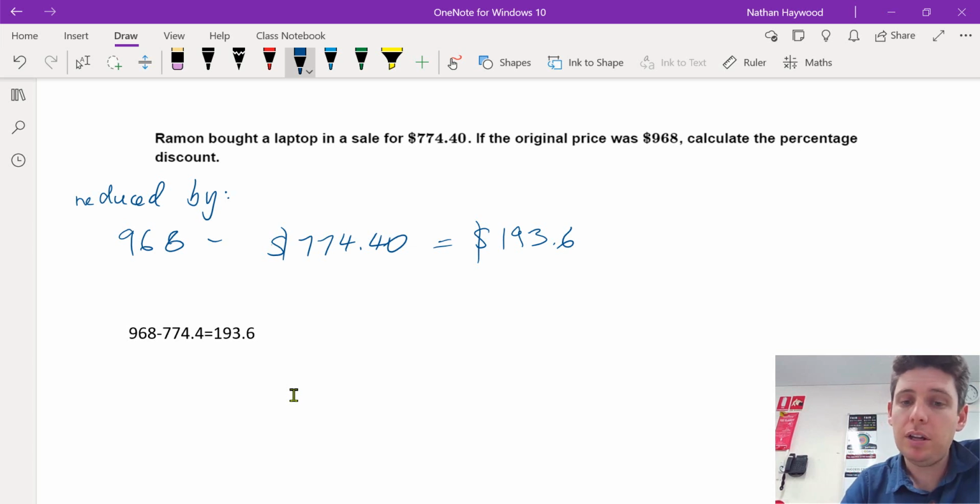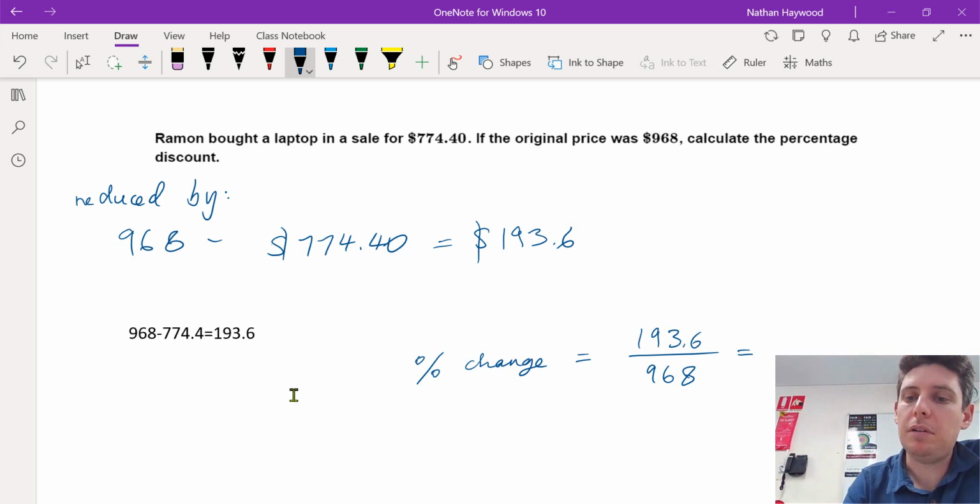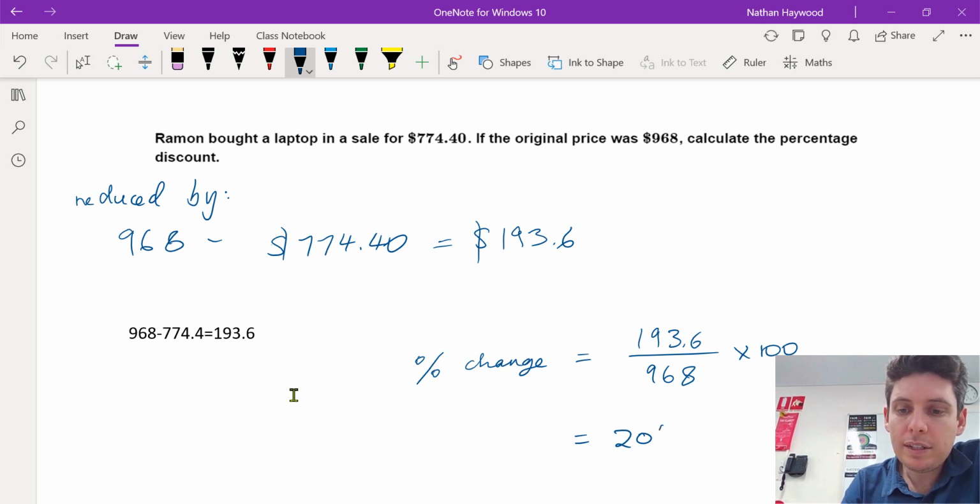Now I don't know if you remember the formula I said before. The percentage change is how much it's reduced by divided by the original amount, and multiply it by 100 to convert it to a percentage. So on your calculator, have a go. I got 20% discount.